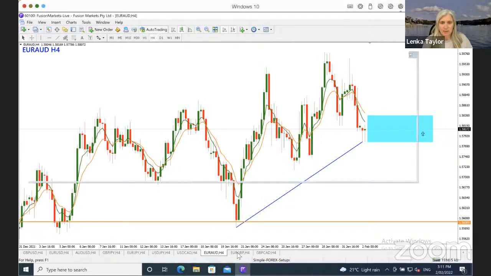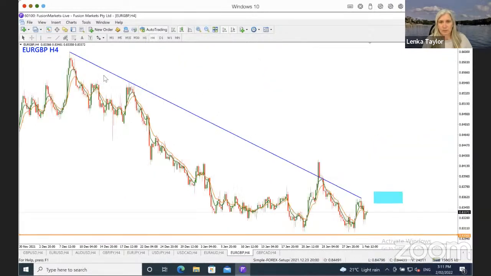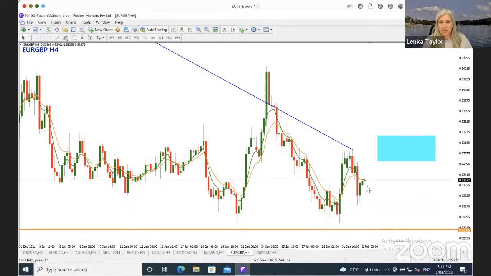Okay, next currency pair is Euro GBP. With Euro GBP, I was looking for a short on that bounce there, which I did enter. It got to 1-to-1 and then started to reverse, so I got out after taking some partial profit at break even.